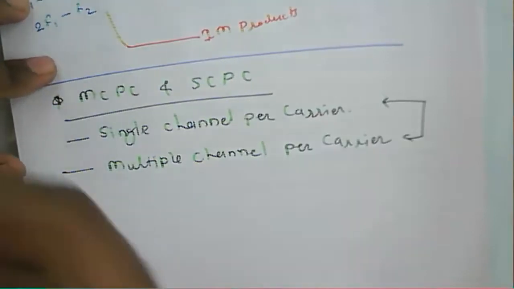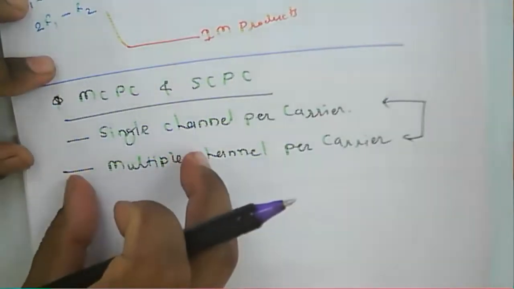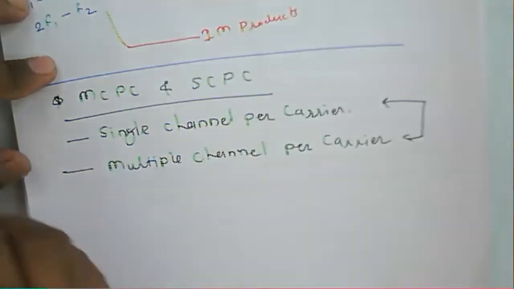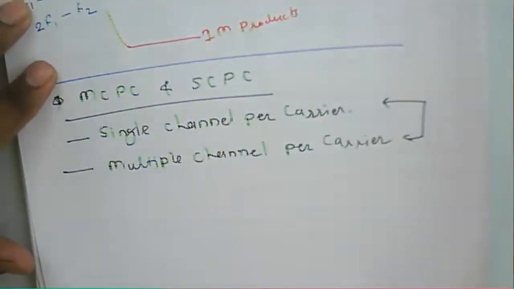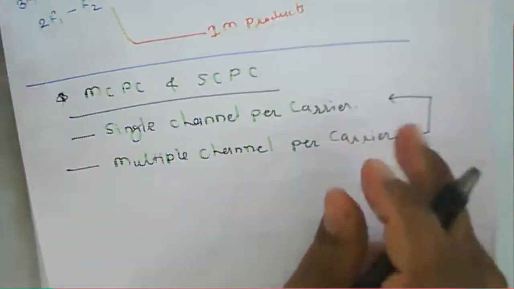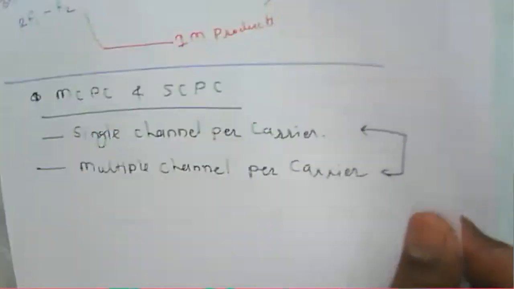So now we'll learn them one by one. Multiple channels, or a multiplex signal in the carrier, is the MCPC FDMA system.